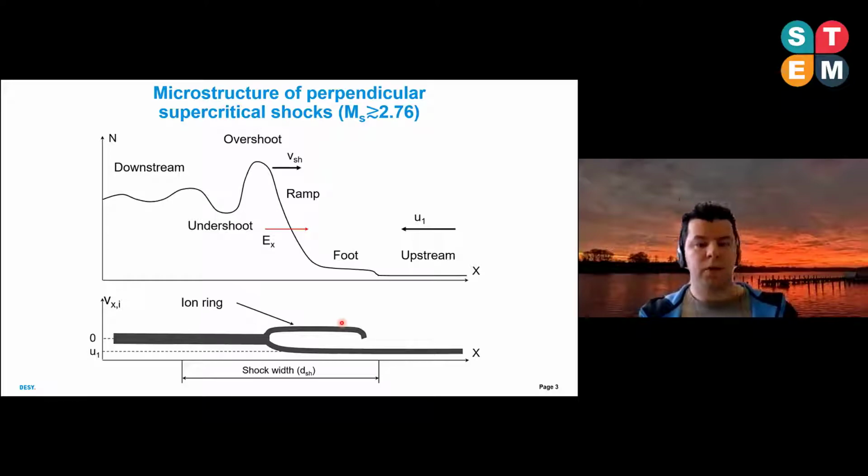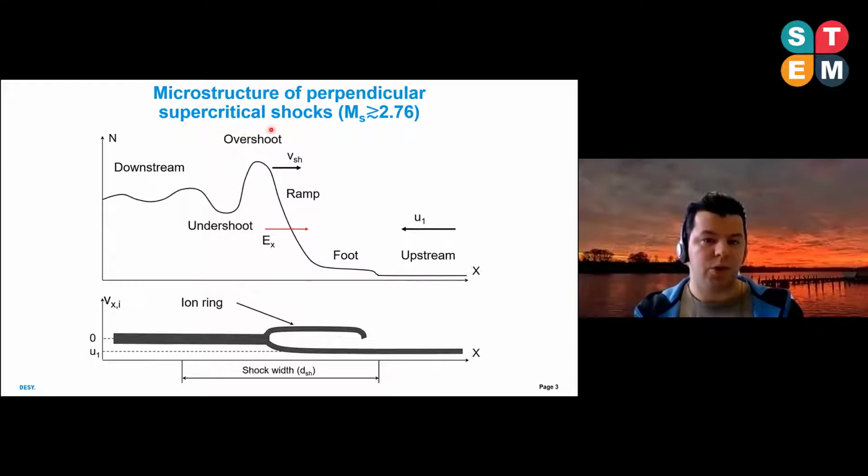First of all, these high Mach number shocks are supercritical. It means that the upstream kinetic energy cannot dissipate via Joule heat, and a portion of the ions are reflected back upstream. Interaction of these shock-reflected ions with the upstream plasma produces different instabilities, forming the well-known shock structure, which consists of the upstream region with the undisturbed plasma, the foot region where this ion generation happens, the ramp region where ions are reflected.